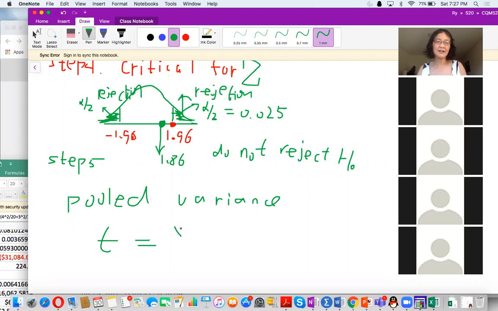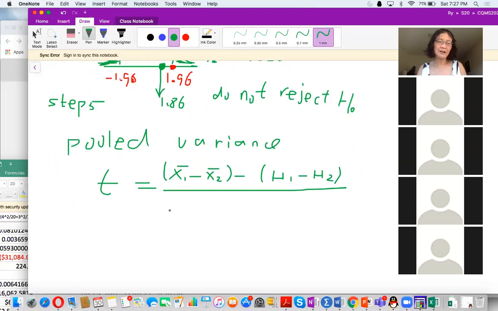Okay, and t is equal to sample 1 mean minus sample 2 mean, and then minus population 1 mean minus population 2 mean. And on the bottom, it is a complicated formula. You can check it out in the textbook.